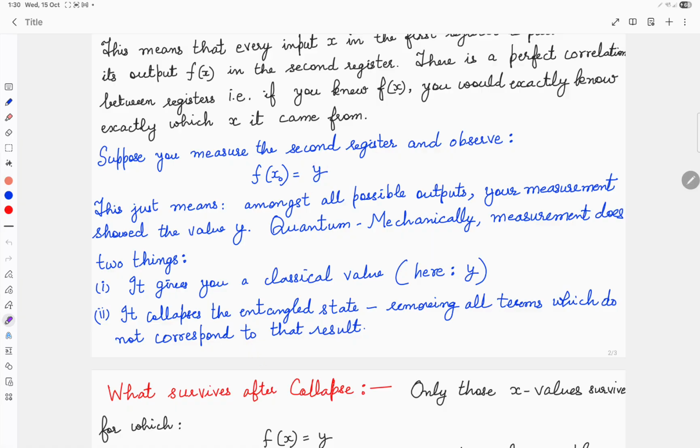Once you measure the second register, the overall entangled state collapses. It gives you a classical value in the second register, but in the first register, the collapse removes all the terms which do not correspond to that result, which is y.